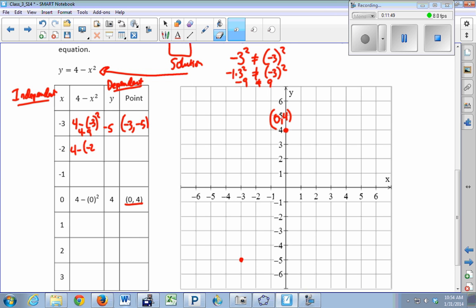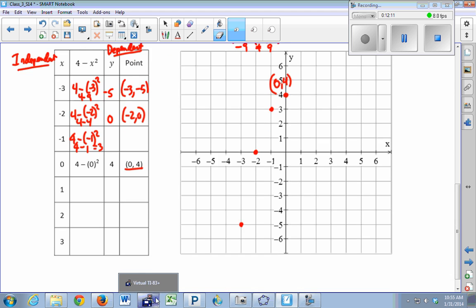Same thing here. I put in negative 2. I square negative 2. I get 4. 4 take away 4 is 0. So I have negative 2 comma 0. 1 minus negative 1 squared is 4 minus 1, which is 3. So I'm up here. And then I do a similar thing below.